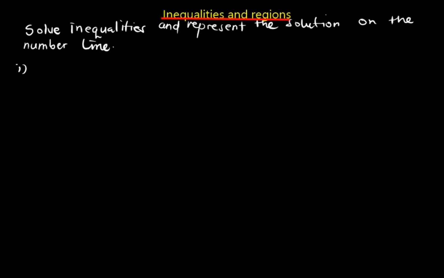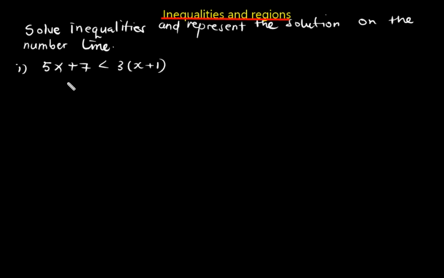Example number 1. We have 5x plus 7 is less than 3 into x plus 1. Remember, they are telling us to solve inequalities and represent the solution on the number line. So Roman numeral 1, 5x plus 7 is less than 3 into x plus 1.